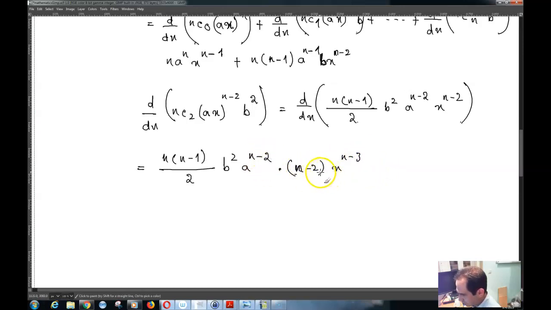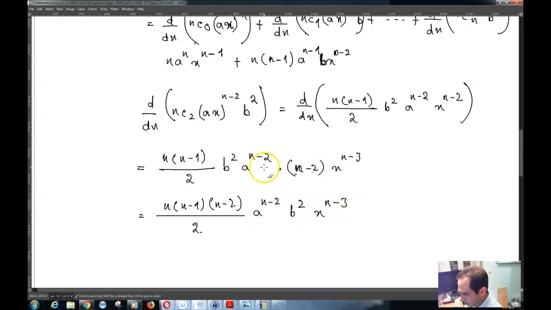So I can write this whole thing as n times n minus 1 times n minus 2 divided by 2 times a raised to the power n minus 2 times b raised to the power 2 times x raised to the power n minus 3. That is the differentiation of the next term.